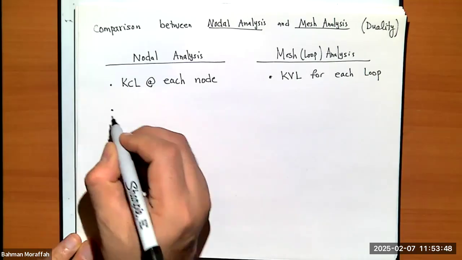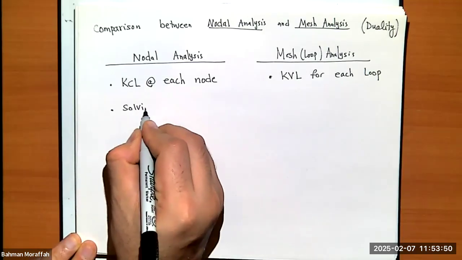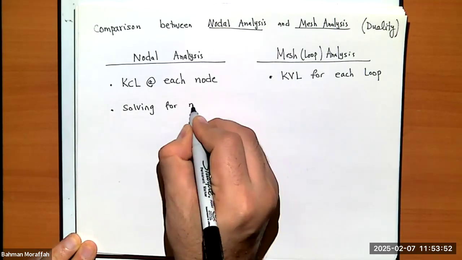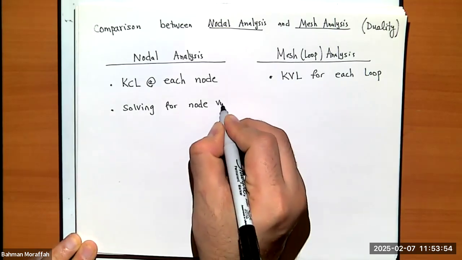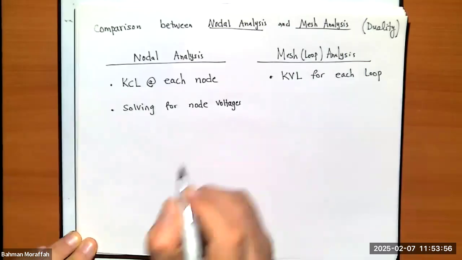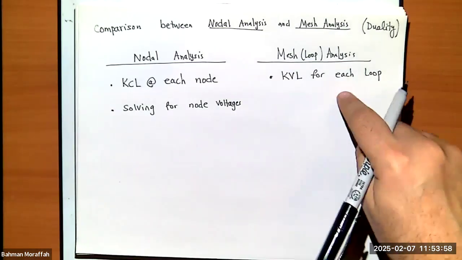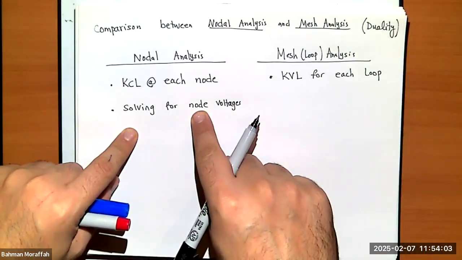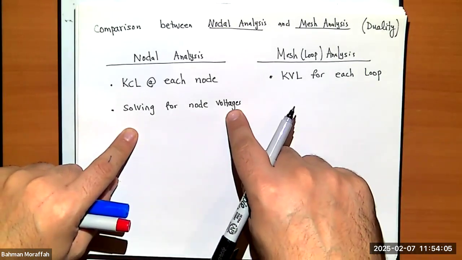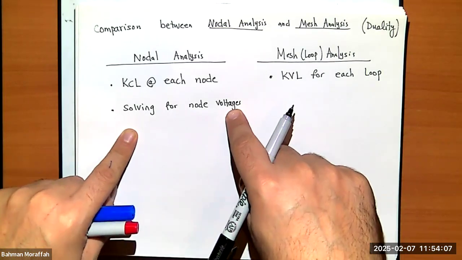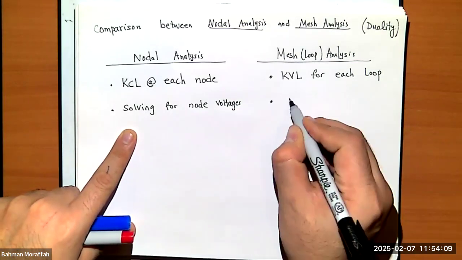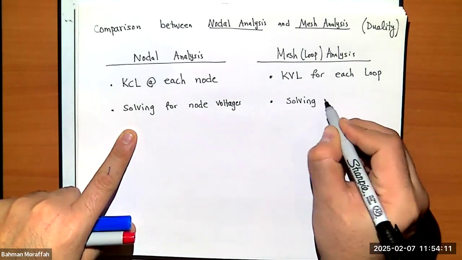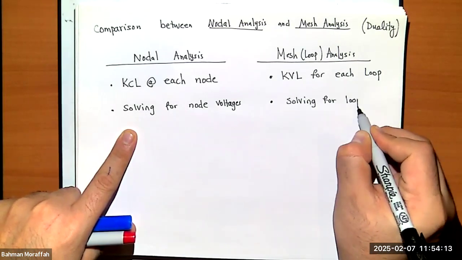For nodal analysis, we're solving for node voltages. If mesh analysis is the dual of this, we have to replace node by loop, voltage by current. And that's exactly what it is. We're solving for loop currents.